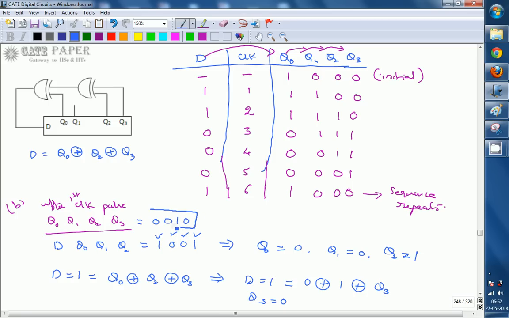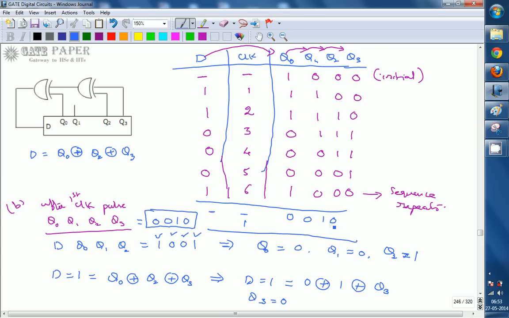If you go with this combination, on the first clock pulse you are going to get 1001. So you can check over here. If your present state is 0010, then what will be the next state? After the clock pulse, what is the D value?